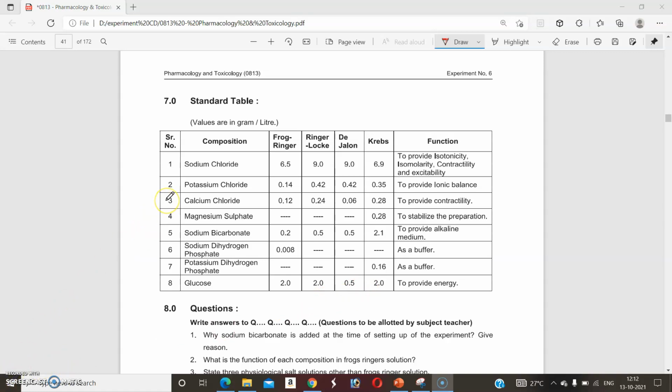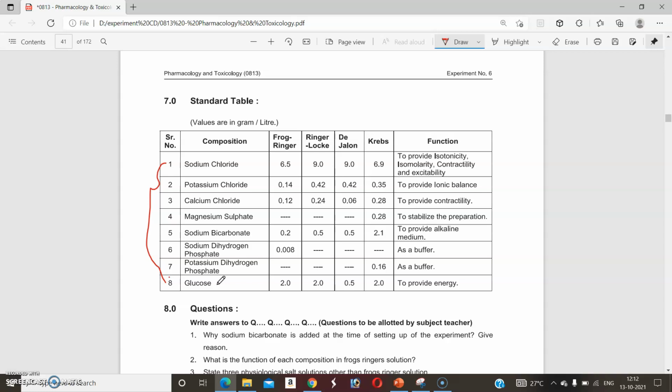So now a very interesting table for you, which will cover all your doubts. As per the chemicals, there are a total of 8 chemicals listed in this table: sodium chloride, potassium chloride, calcium chloride, magnesium sulfate, sodium bicarbonate, sodium dihydrogen phosphate, potassium dihydrogen phosphate, and glucose. So what are the types of this physiological salt solution?